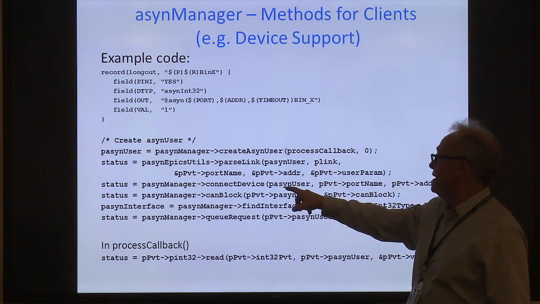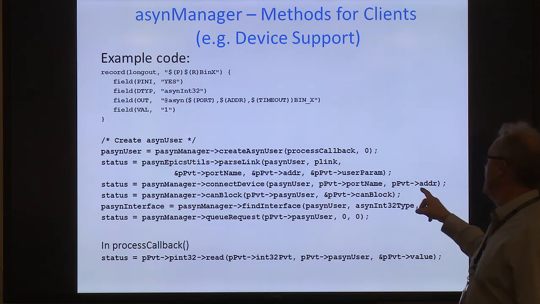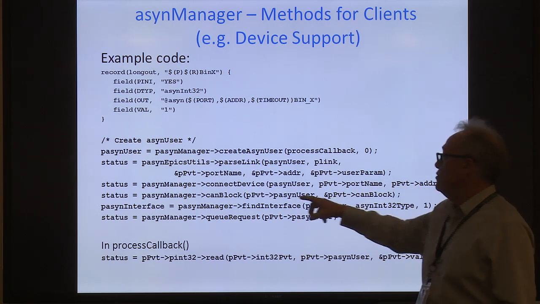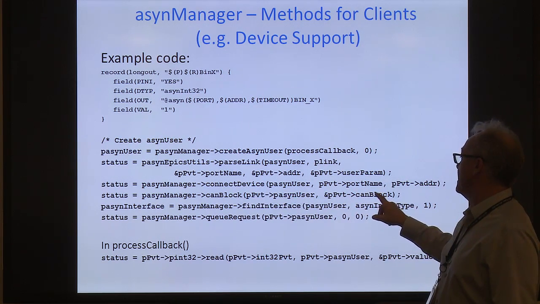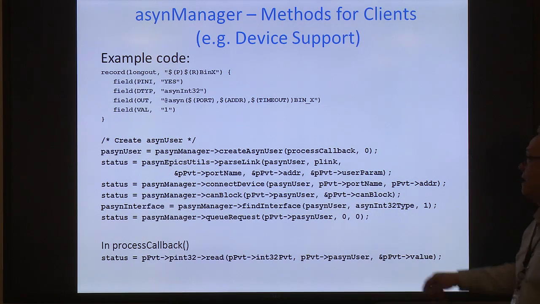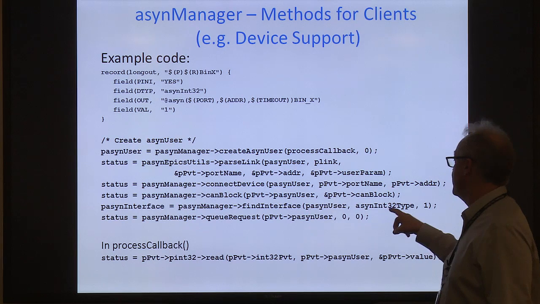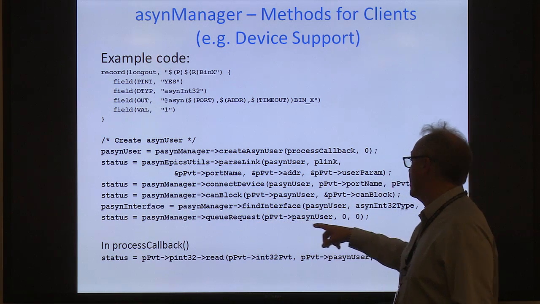Then you connectDevice with the port name that you just got out of there and the address. You figure out, can it block? This will return a flag that says whether it can block or not. Then it looks for the interface, int32, and then finally calls queueRequest.